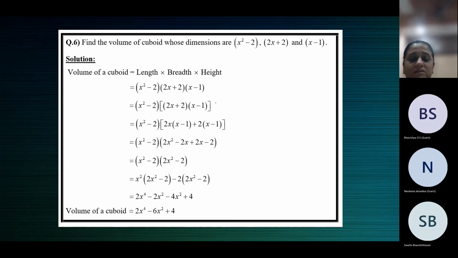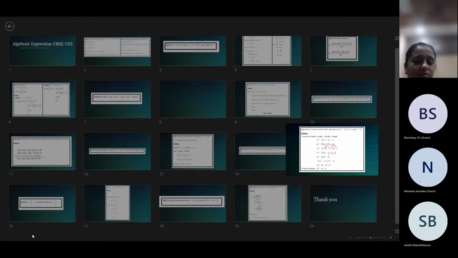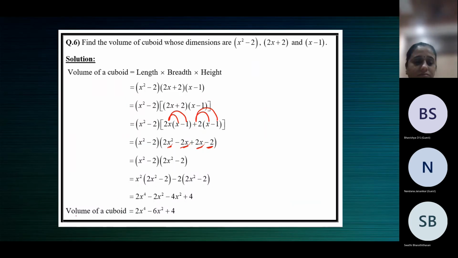Then 2x into x is 2x squared, 2x into minus 1 is minus 2x, plus 2 into x is plus 2x, plus 2 into minus 1 is minus 2. Now we'll simplify the terms in the bracket. So minus 2x plus 2x gets cancelled. 2x squared minus 2.